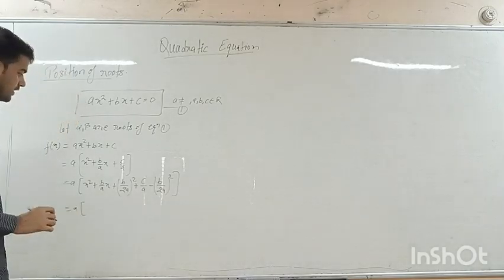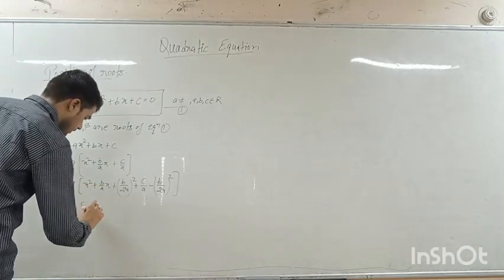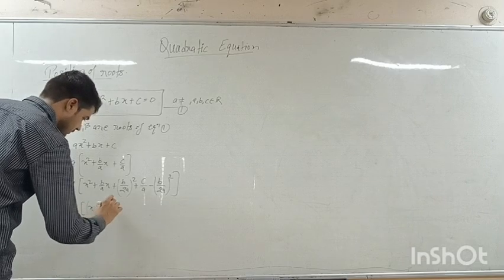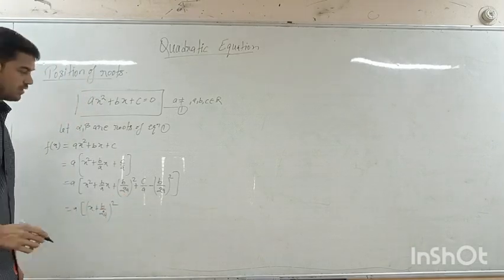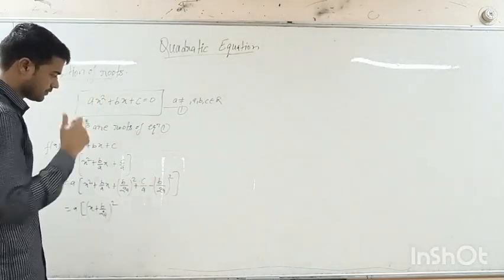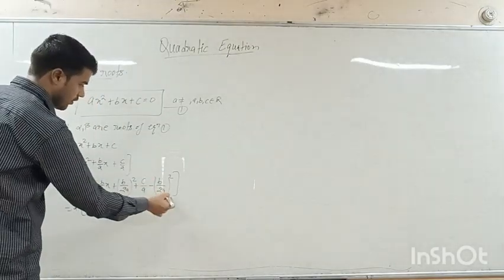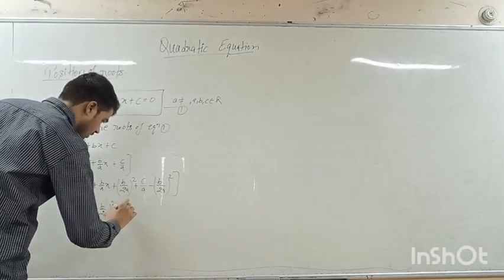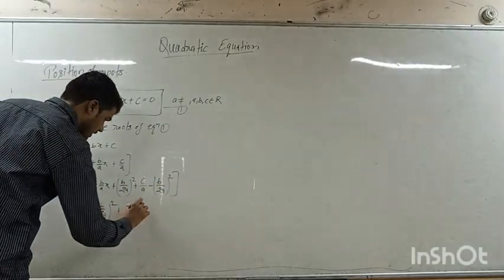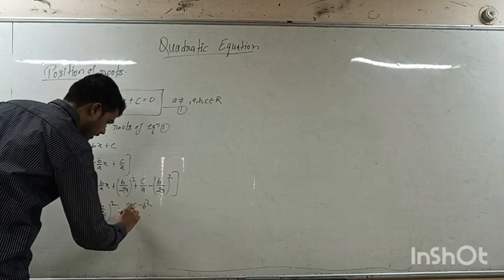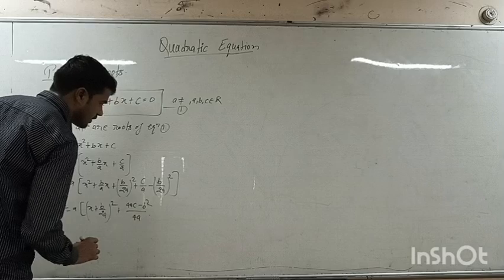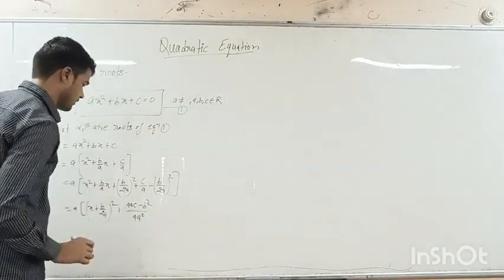So what can we write? We can write x plus b by 2a whole square, and we will take LCM here. So this is 4a square, and this is 4ac minus b square divided by 4a square.